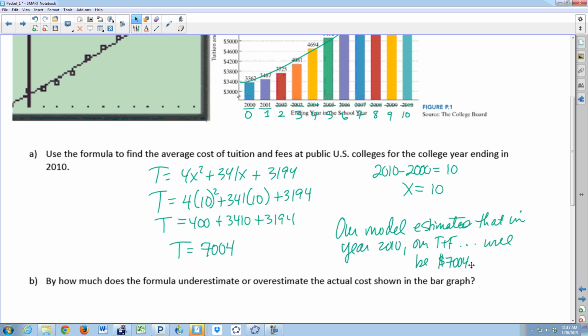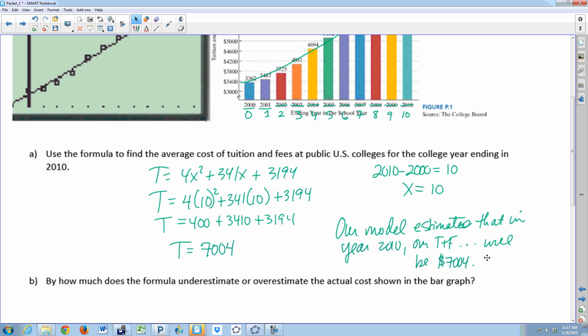It was the year 2010. And my sentence describes what this solution means using both of the units that are being discussed in the graph. Both of the units for the variables here, the variable that represents tuition and the variable that represents the year after 2000. So this is the type of sentence that I would be expecting, something like that.